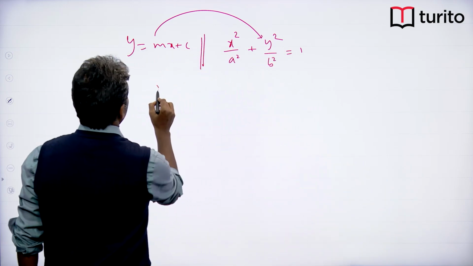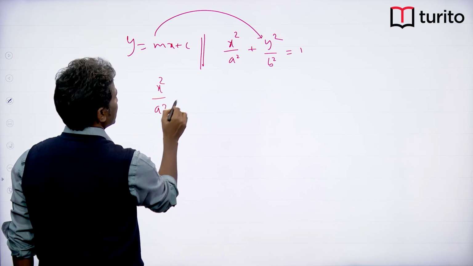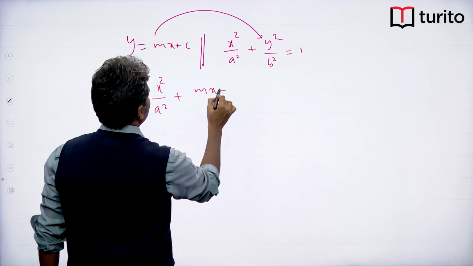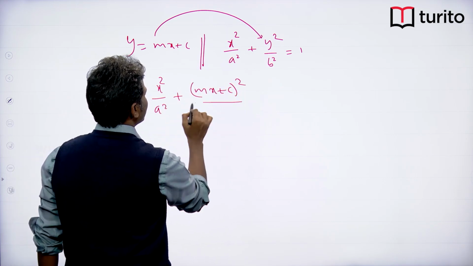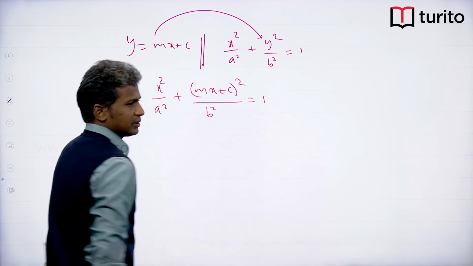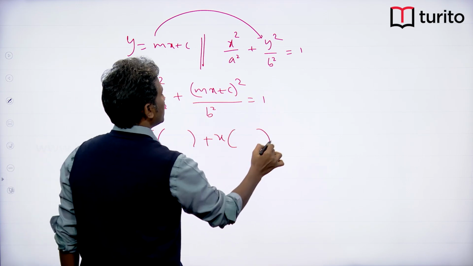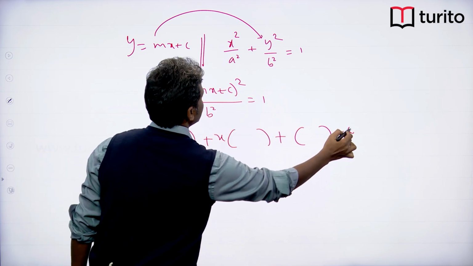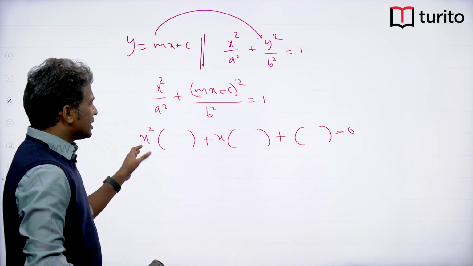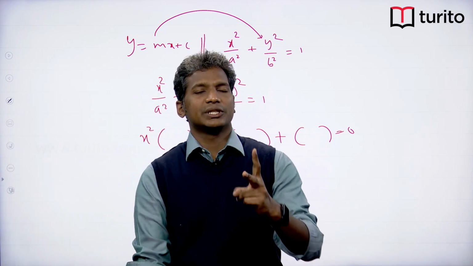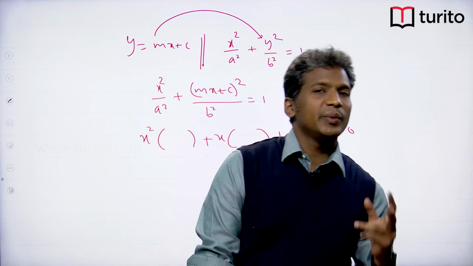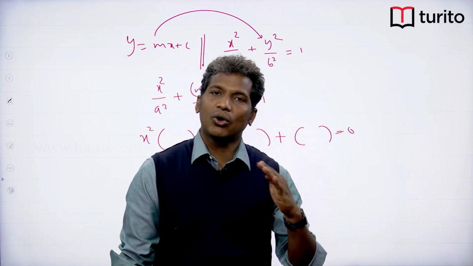So, if I just substitute it here, I will just explain the method. I will get (mx plus c) whole square by b square equal to 1. So, basically I am going to get one quadratic equation here in terms of x. Now, if this quadratic equation has two solutions in x, then the line is going to be a chord.